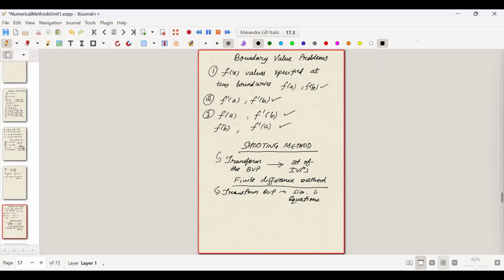So you will have a lot of simultaneous equations which you need to solve in order to get those values out. These are the two methods we will be covering.